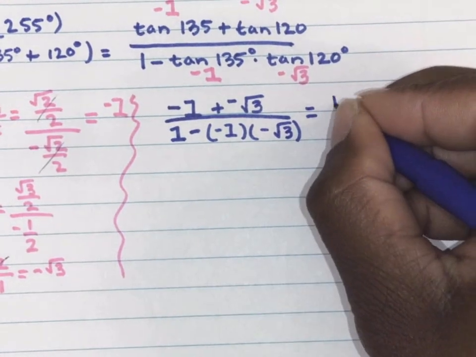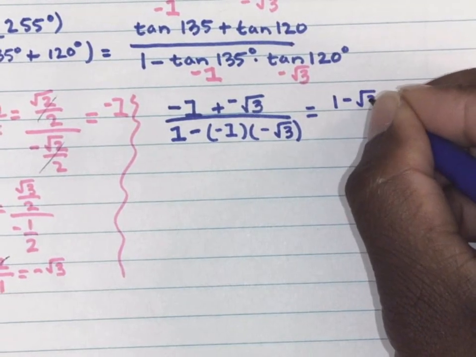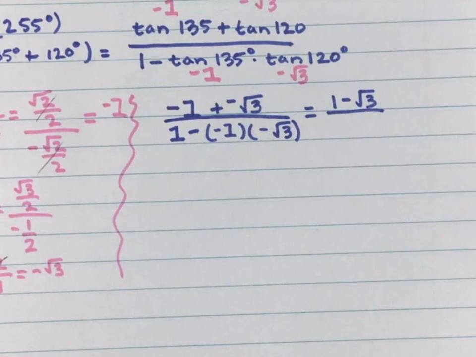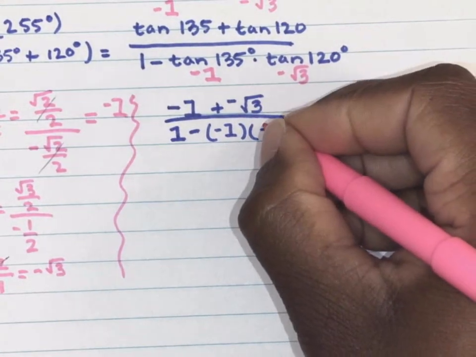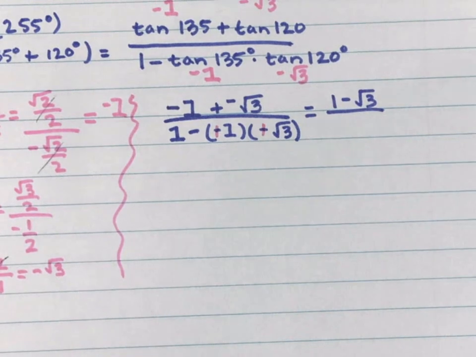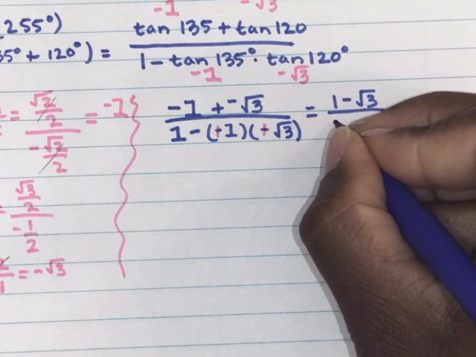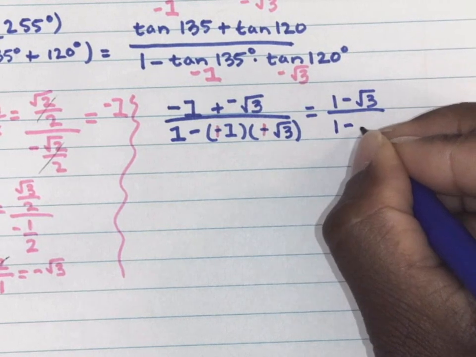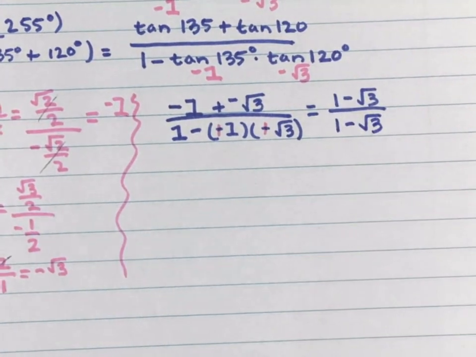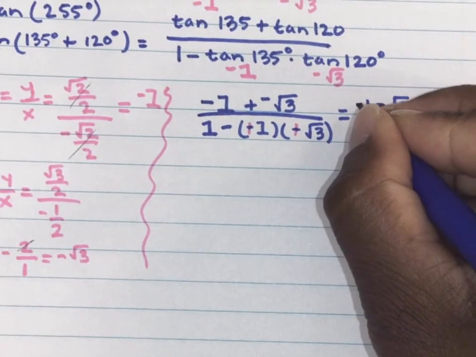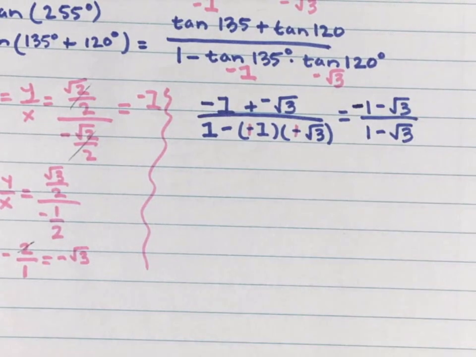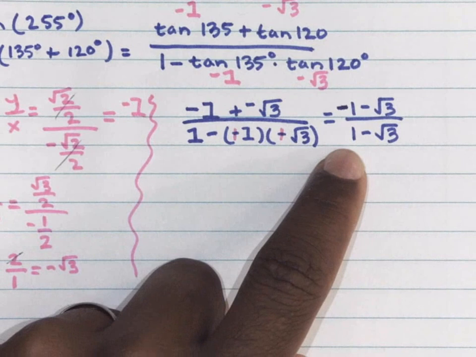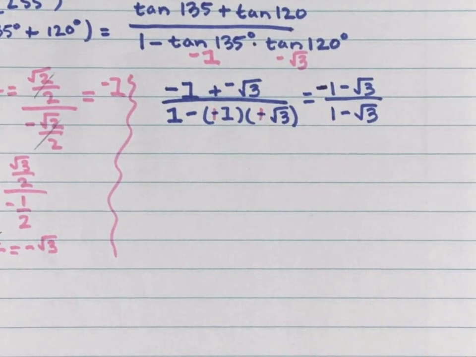The top I'll write as 1 minus root 3 divided by, these two negatives become positive. So it'll be 1 minus root 3. All right, I forgot my negative there. So negative 1 minus root 3 over 1 minus root 3.